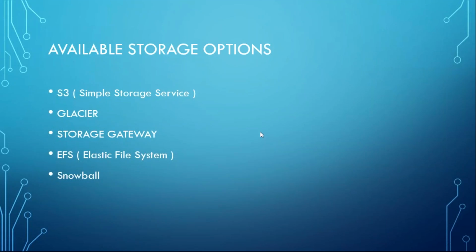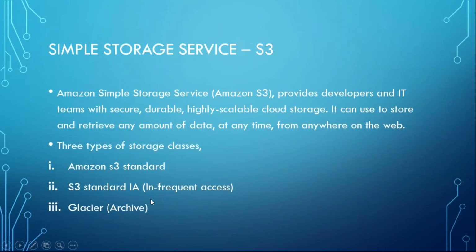First, we're going to see about S3. It is a secure, durable, and highly scalable cloud storage. There are three types of storage classes available with S3: S3 Standard, S3 Standard with infrequent access, and Glacier. Glacier is normally for archive data.